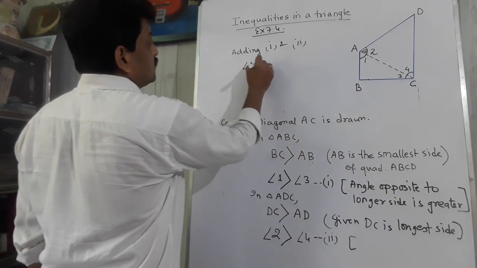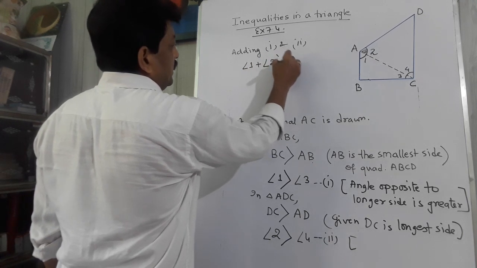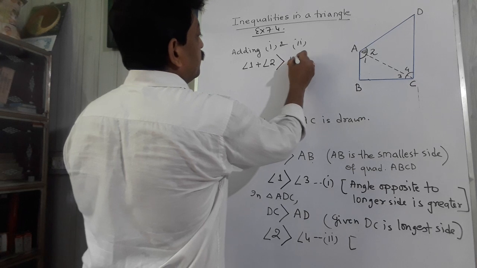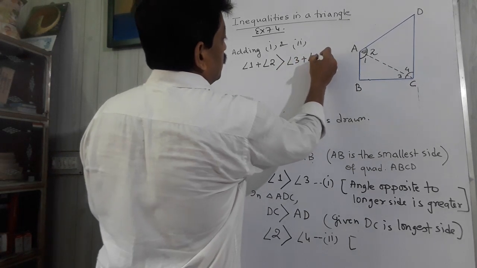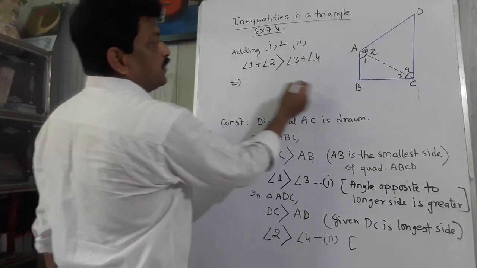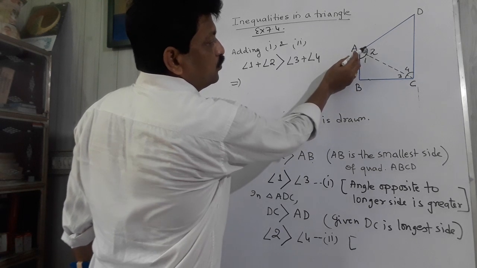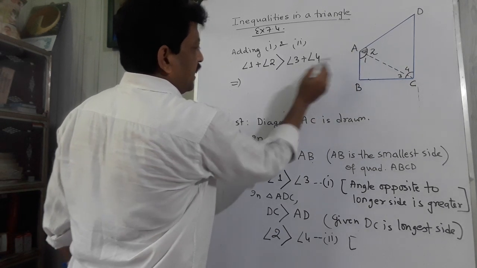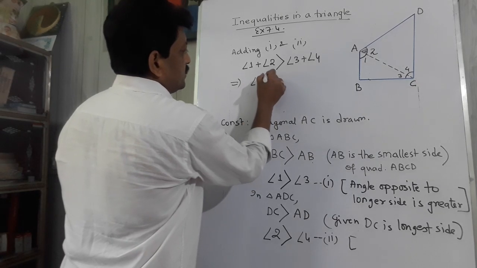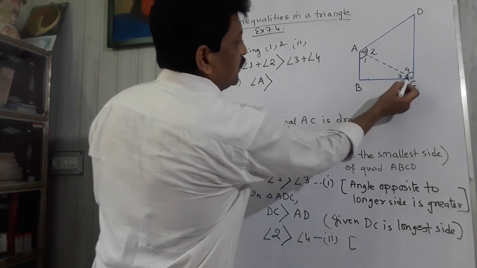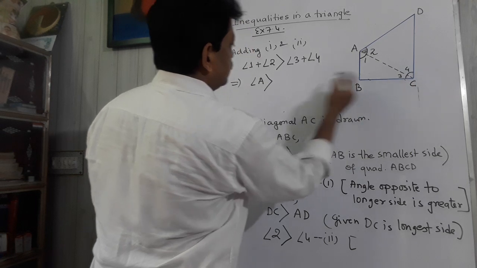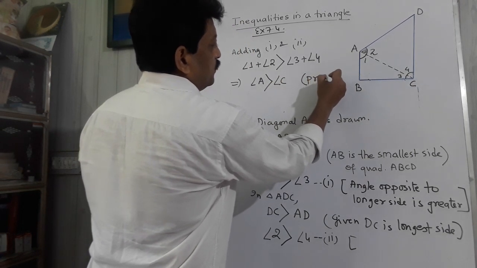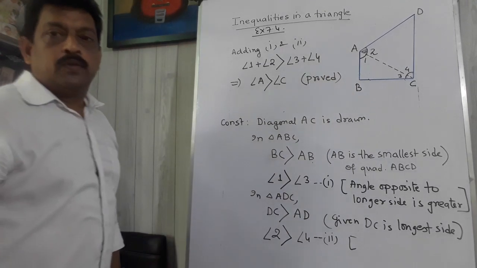Angle 1 plus angle 2 is greater than angle 3 plus angle 4. Now what is 1 plus 2? The 1 plus 2 is the whole angle A. Angle A is greater. And what is 3 plus 4? 3 plus 4 means whole angle C. This is what we had to prove. So this is proved. Okay.